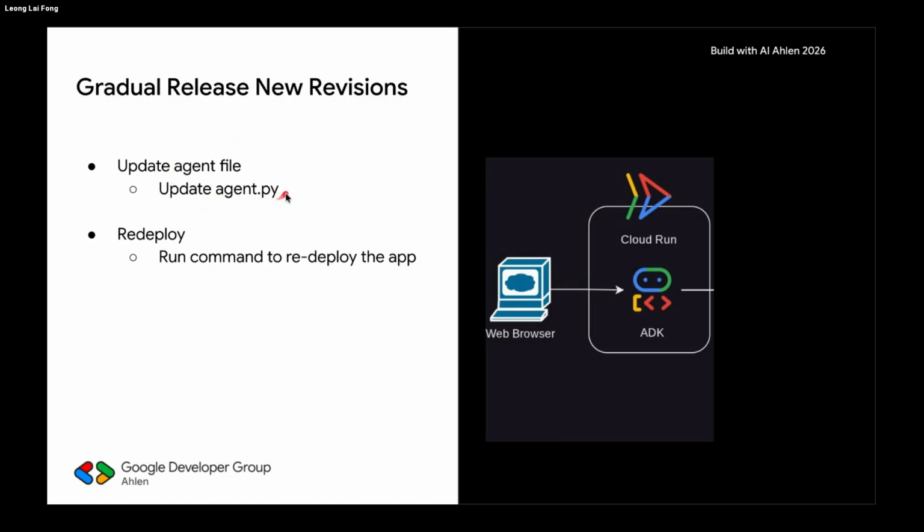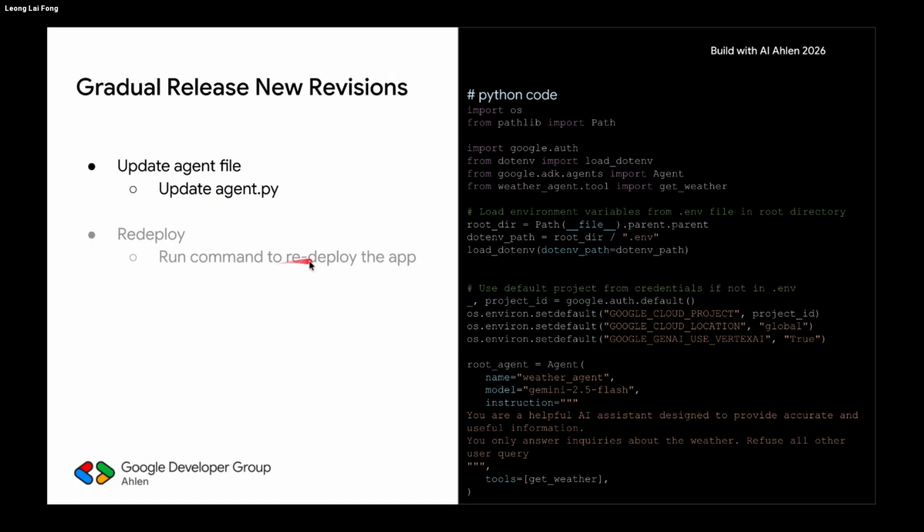Once we have updated the agent file, we will run the command to redeploy the application. Here, very simple, is the same agent.py file that we used earlier. What I updated here is the instruction. Remember, earlier we had just one sentence in the instruction, telling the AI assistant to provide accurate, useful information about the weather.